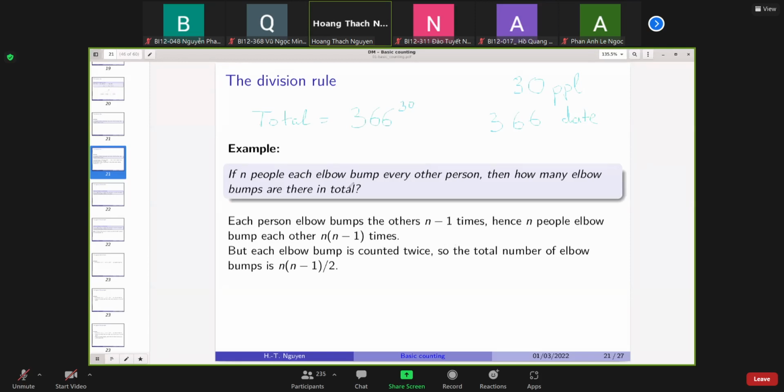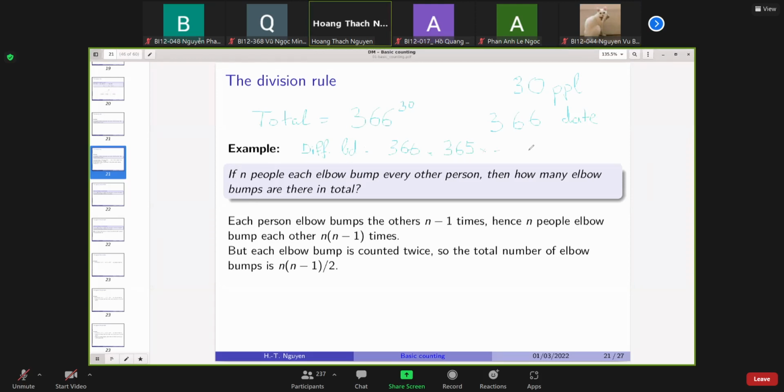So by the product rule, for the number of possibilities for different birthdays, the first one has full possibilities, and then the second one has one fewer possibility, and so on.